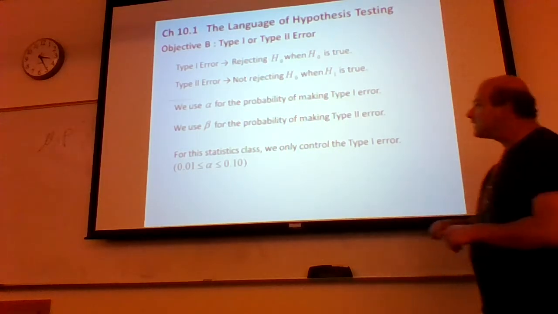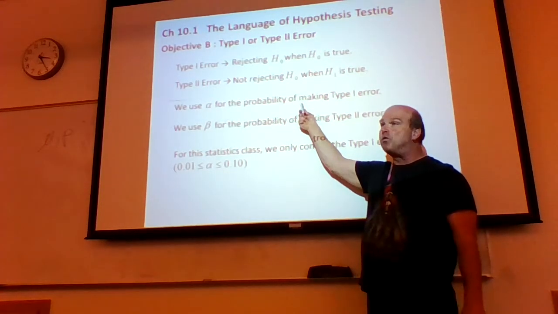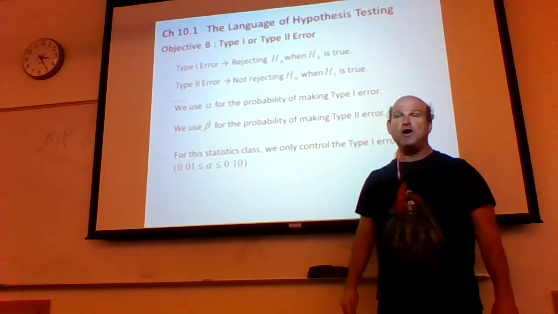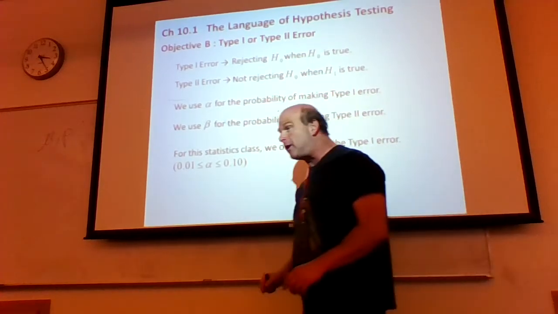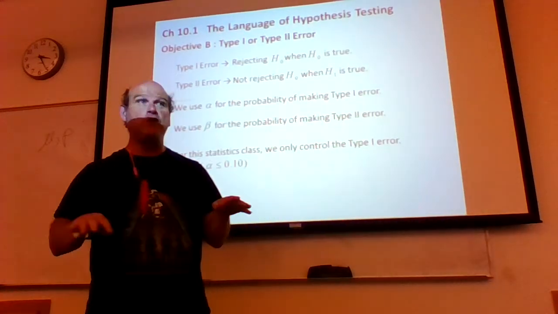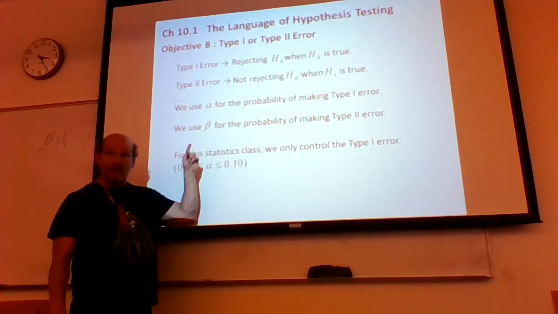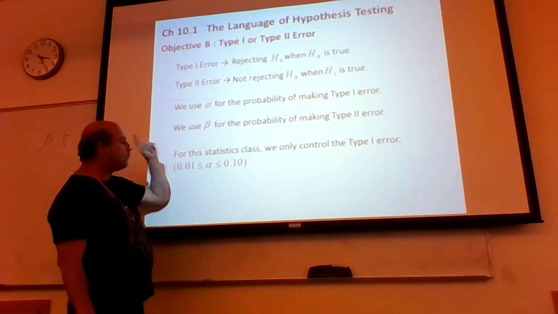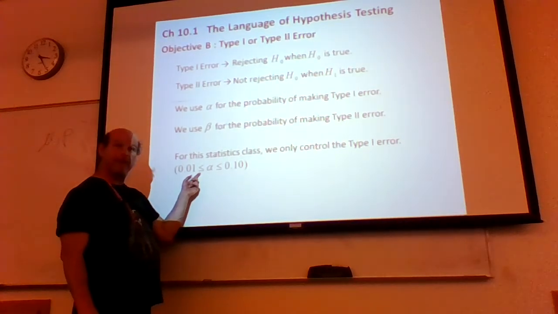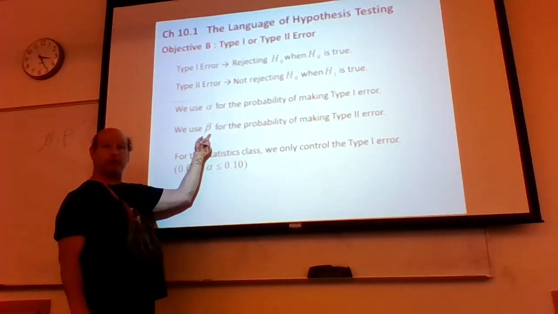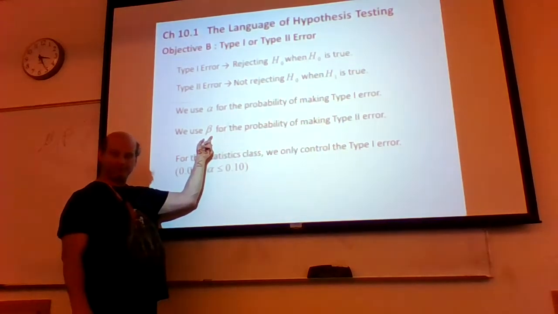The problem is, if you make one of these really small, the other one gets really big, and vice versa. So as a statistician, there's a trade-off. For this class, we're controlling alpha, but in general, if you control this, you make the other really large. It's like the confidence interval.